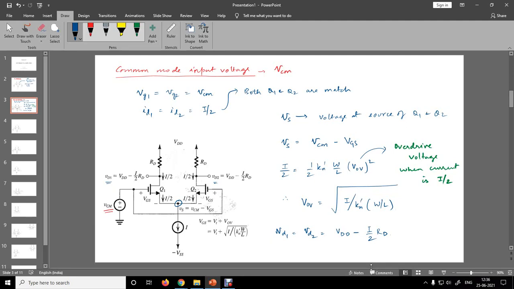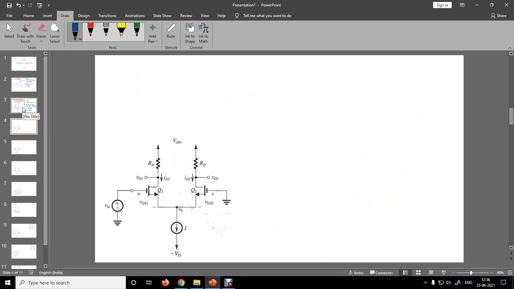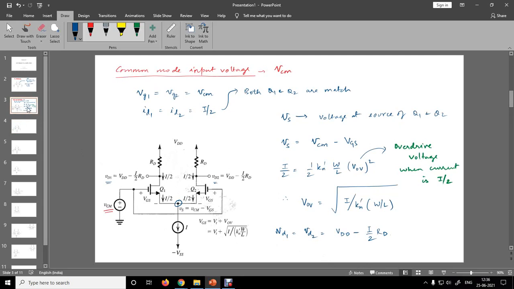The VCM values we give should be such that both transistors Q1 and Q2 are always in the saturation region. So we'll look at the range of VCM which can be applied to this differential amplifier.